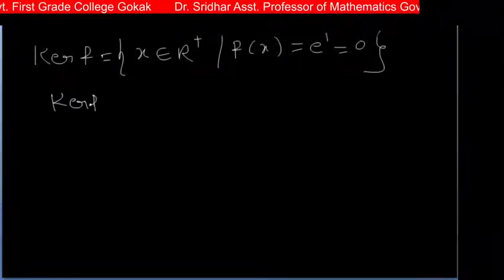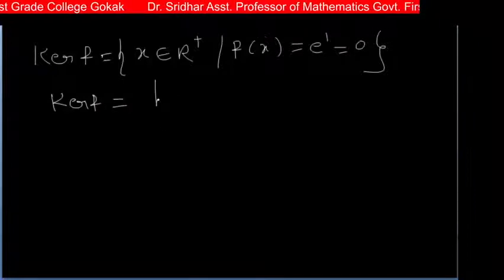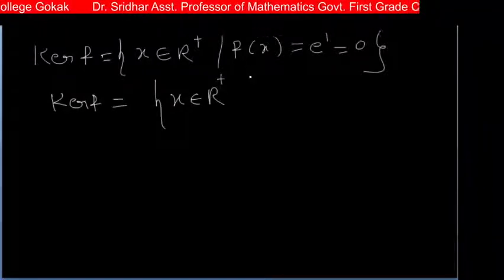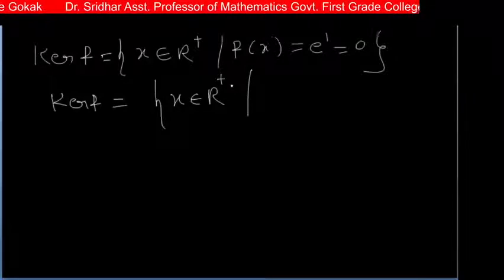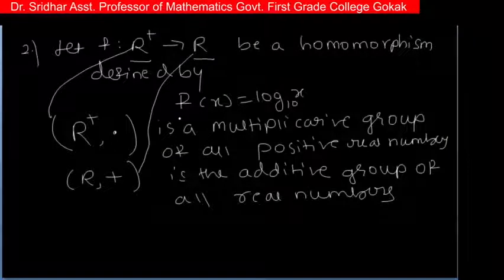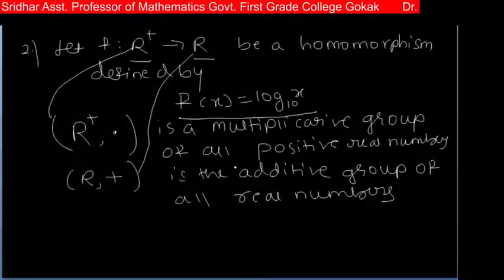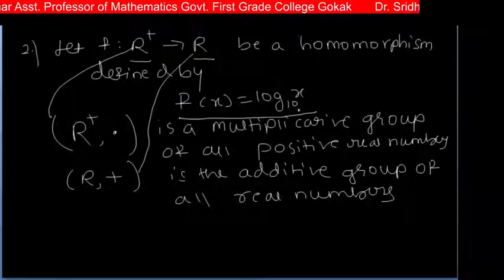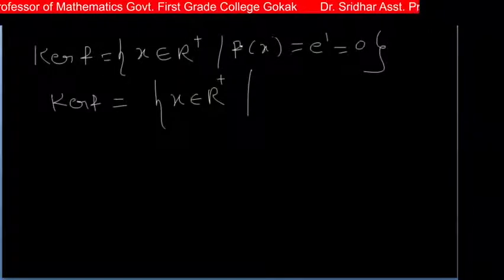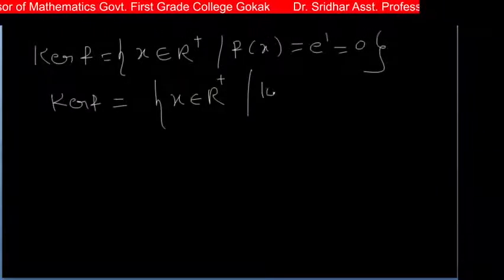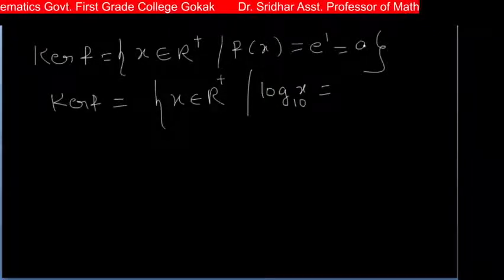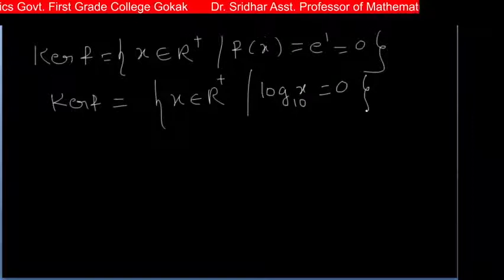So the kernel of f is the set of x belonging to R plus such that f of x equals 0. By definition f of x is log x to the base 10, so substitute here: log x to the base 10 equals 0.